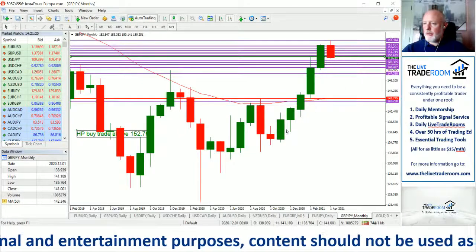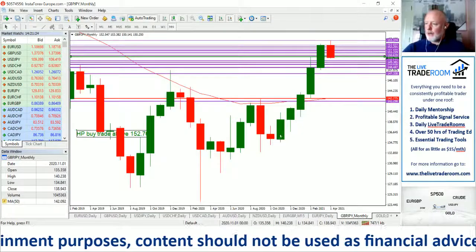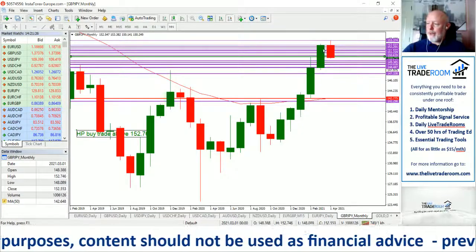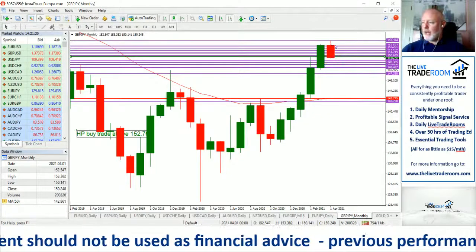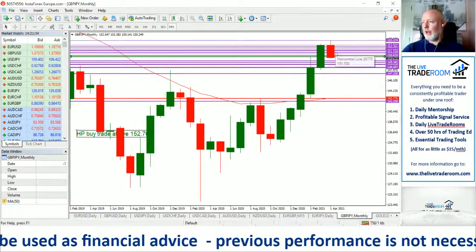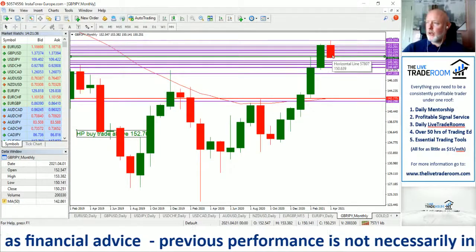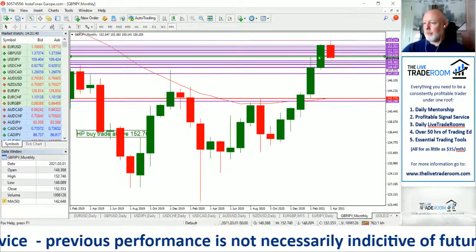Just showing you the pound yen, the reason why we were interested in selling up at these highs. We've been off the back of a 5-month bullish trend for the pound yen. Prices started to reverse back up at 153, started to roll back lower. We were getting in at 152, and we're continuing further to the downside, and we've broken above the previous monthly high.